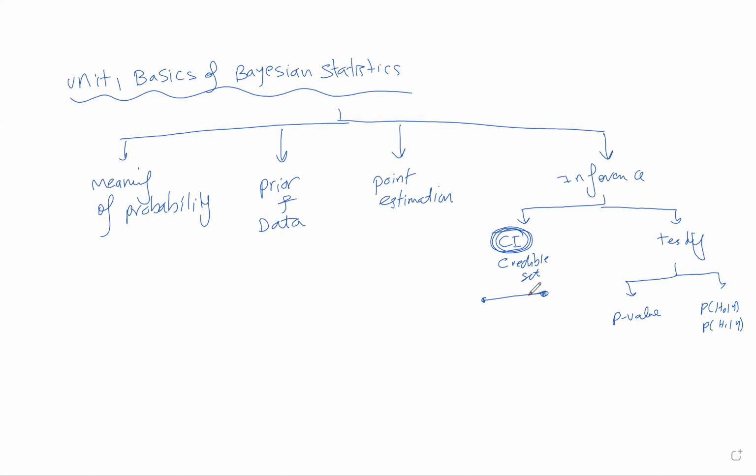In the Bayesian approach, we say with probability 95 or with probability 99, the population proportion will be between these two values. But in the frequency approach, we say with 95% confidence level or 99% confidence level, the population proportion will be between these two values. The confidence level is not probability.